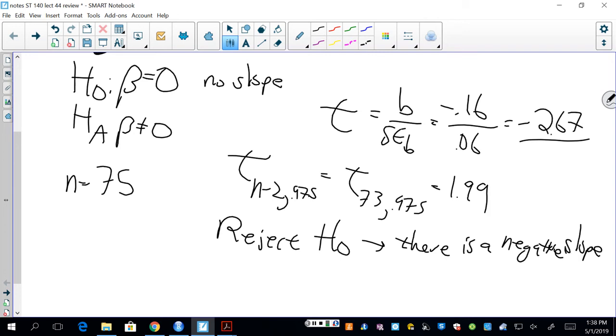It's not 0, and we saw that the estimate was negative, so I can conclude there is a negative slope. So the relationship is significant. It didn't look like it was very strong, but there's enough data points following this slight decreasing pattern to be statistically significant.